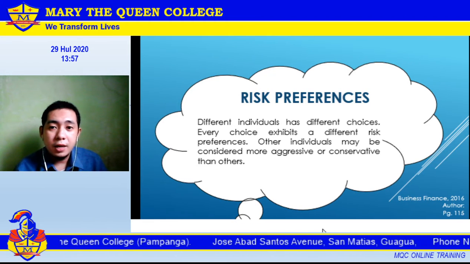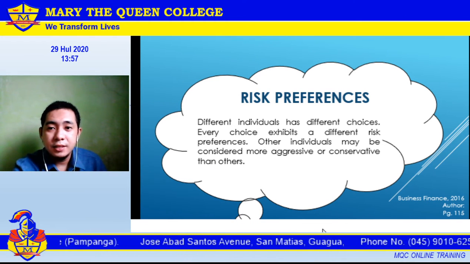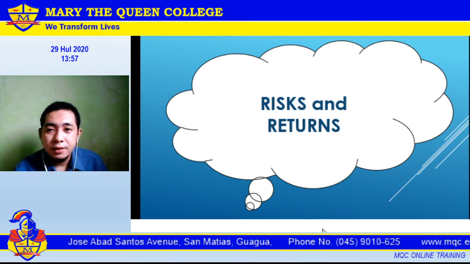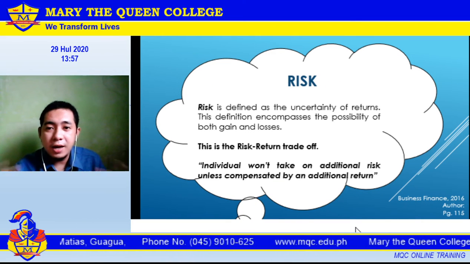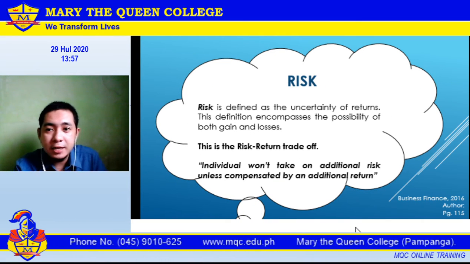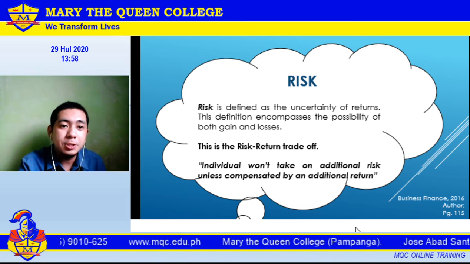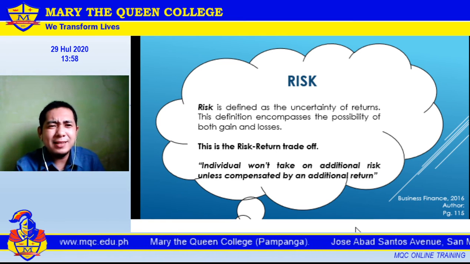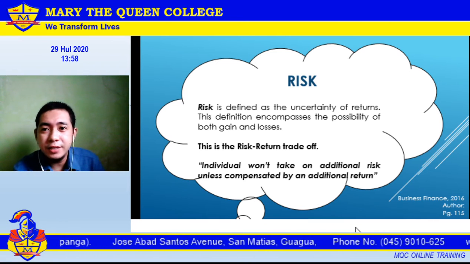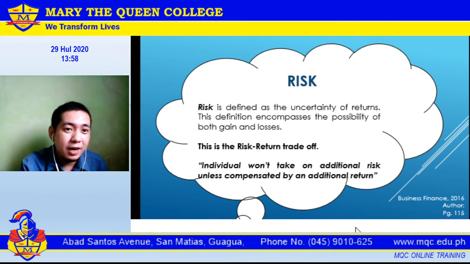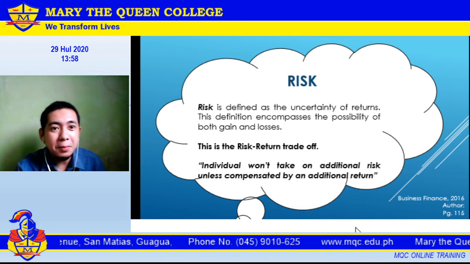Now, risk preferences are different, and risk is defined as uncertainty of returns. Ibig sabihin, lahat naman hindi sigurado, di ba? Everything is uncertain. So that involves risks. Pwedeng hindi mangyari, pero pwede ring mangyari.